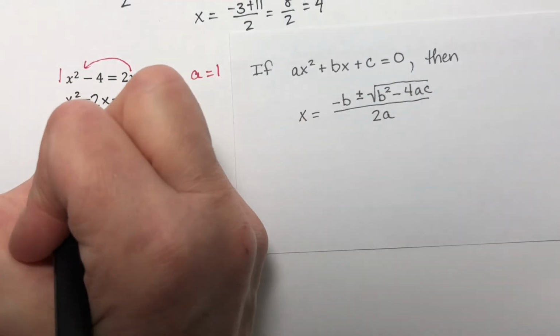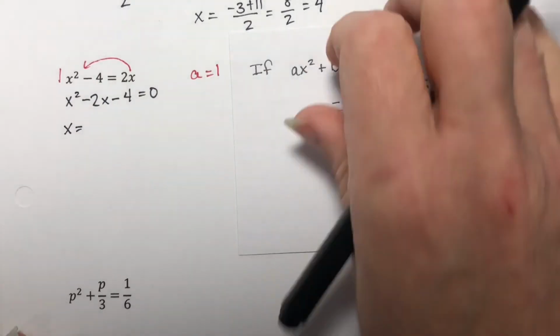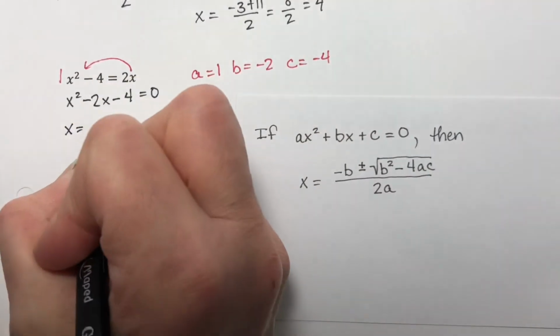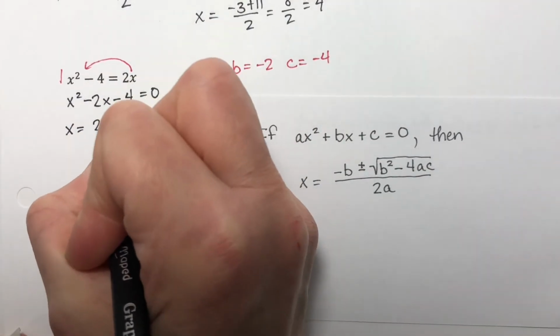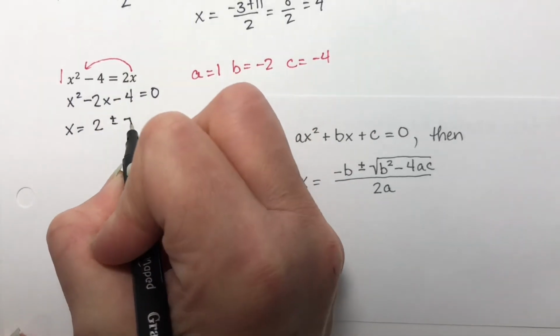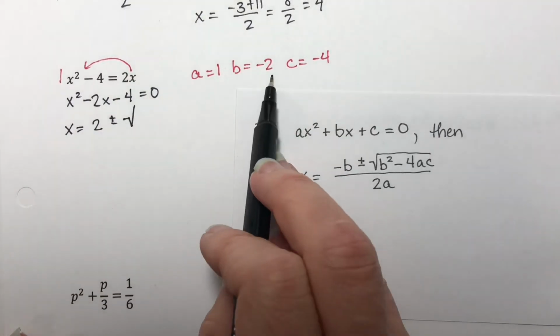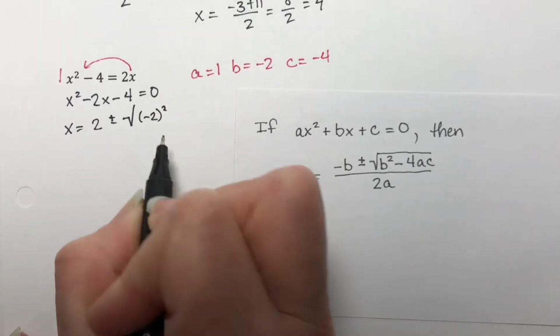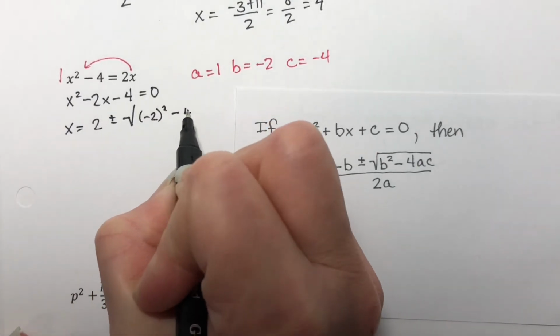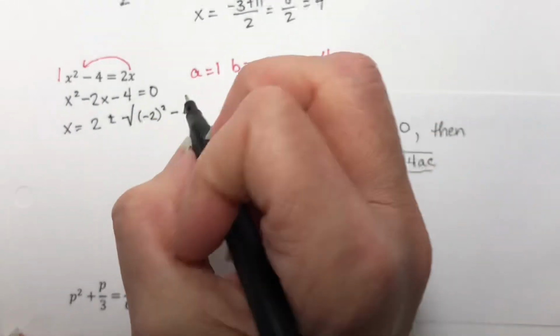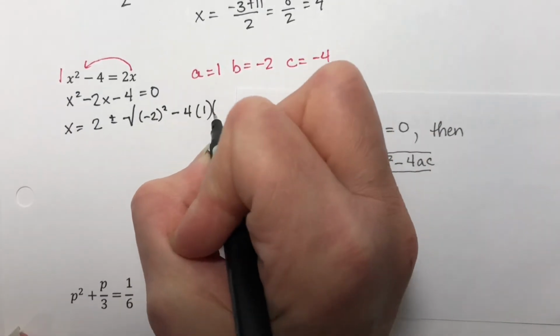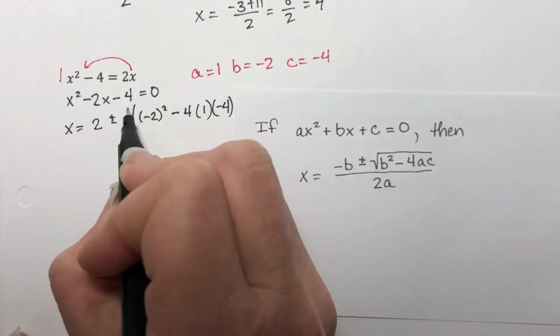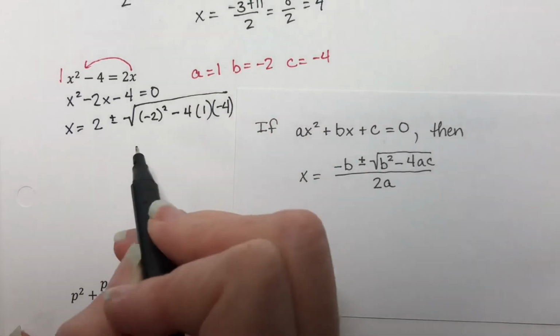Okay, so let's plug this into the formula. x equals the opposite of b. b was -2, so I write 2, plus or minus the square root of b squared, (-2) squared in parentheses, minus 4 times a times c, so times 1 times -4, and then draw your radical bar.